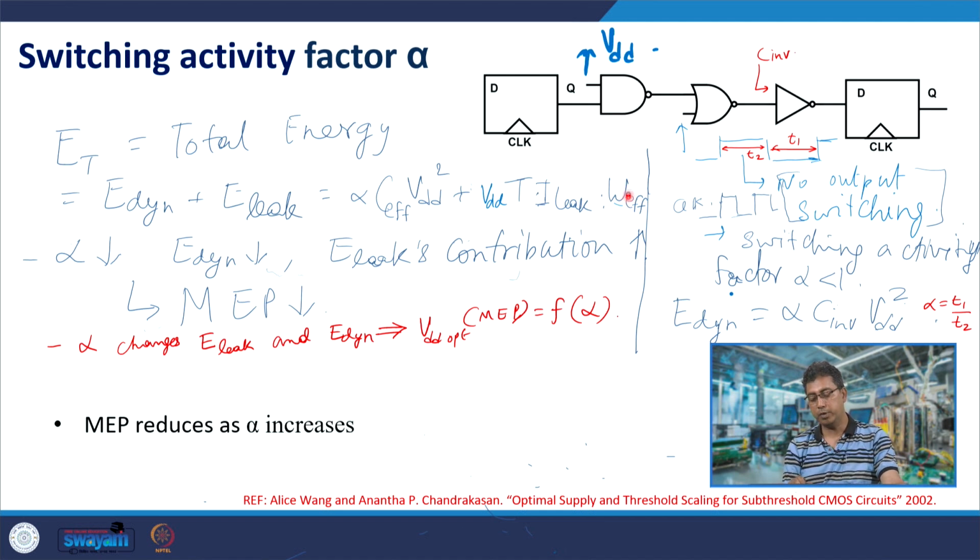Suppose the inverter's NMOS width is W and the PMOS width is some beta times W. In that case we can characterize the inverter size in terms of the NMOS width W, and say that W effective is the effective width of the entire circuit when compared with that of the inverter.